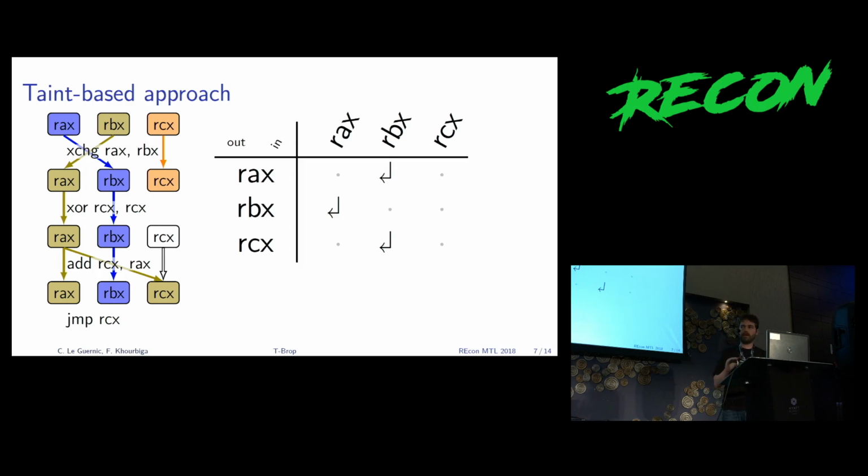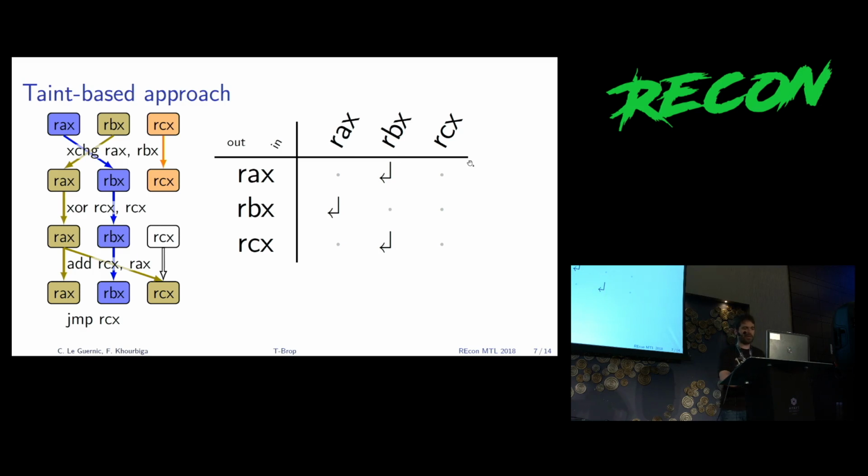If you consider the first line, it means that RAX at the output of the gadget is a function of RBX in the input of the gadget. Second line, RBX is a function of RAX, and RCX is a function of RBX.